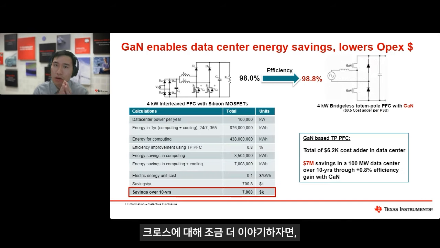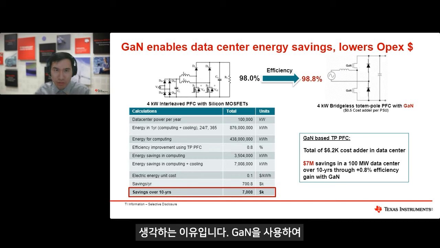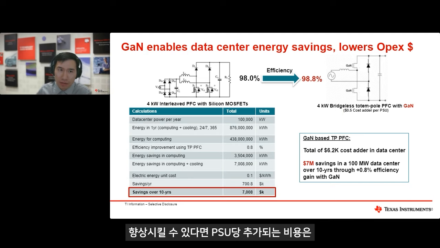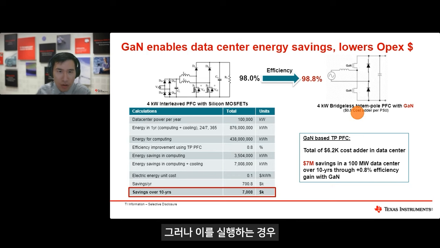Talking about cost a little bit more, this is why we think this kind of investment is worth it. Considering a 4 kilowatt PFC, if you can improve its efficiency from 98% to 98.8% with this kind of bridgeless totem-pole PFC with GaN, you will only have a considerably small cost added per PSU.